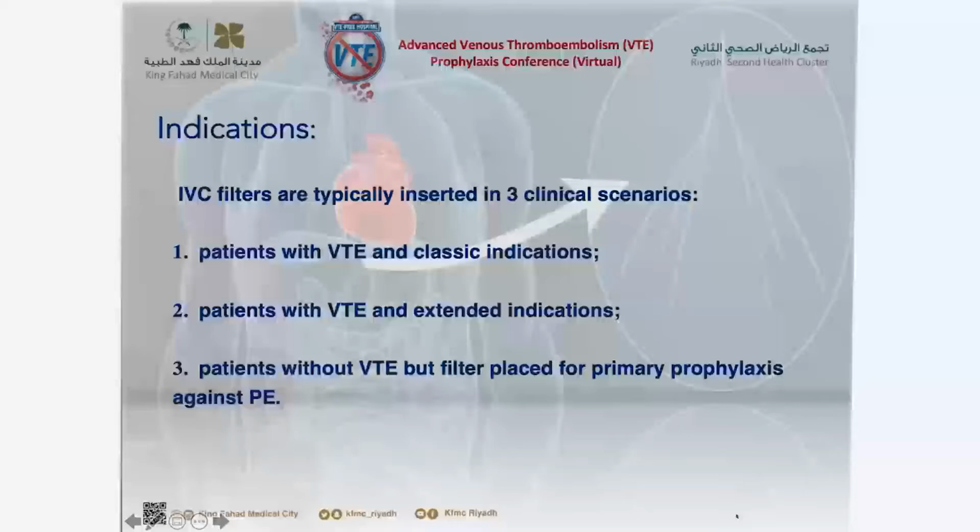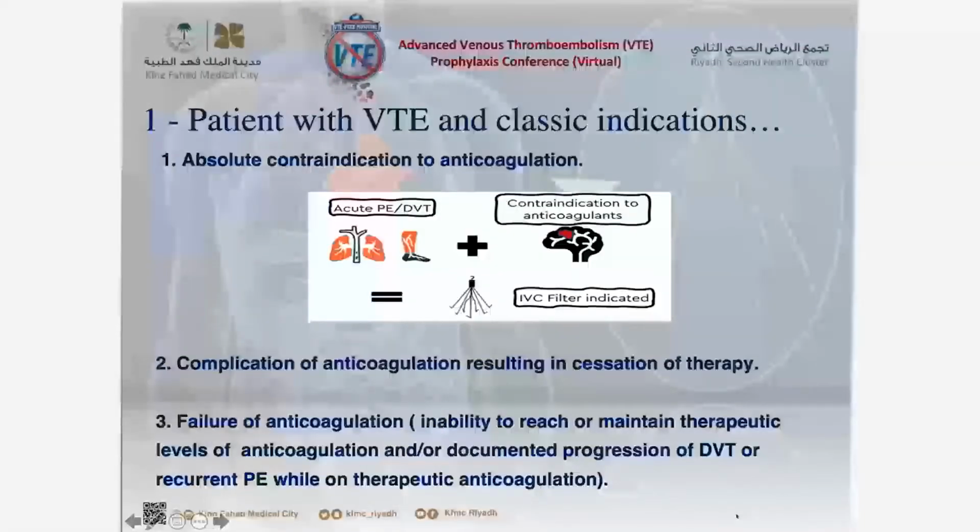Moving to the indication, we can categorize the indications for filter insertion into 3 groups: patient with VTE and classic indication, patient with VTE and extended indication, and patient without VTE, but the filter is placed for primary prophylaxis against PE. First group, with a classic indication, is where there's an absolute contraindication to anticoagulation, like head and spine injury, recent surgery, any contraindication to anticoagulation.